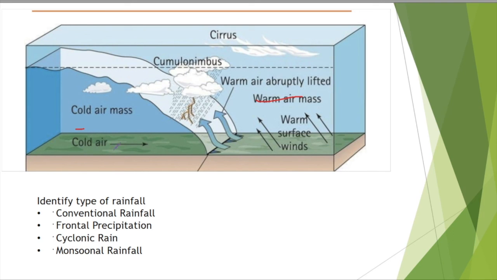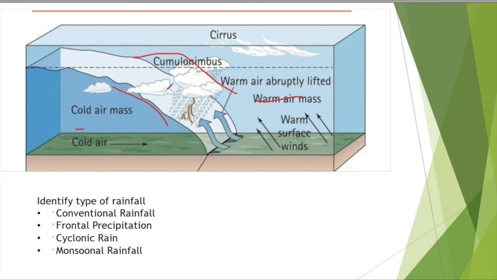So cold air mass is something which has a high density, right? Due to this high density, it moves downward. Okay, while the warm air has low density, so it rises up and forms a region where rainfall occurs. Now, why does rainfall occur? We know that when warm air moves over a cold surface, it condenses, it freezes, and forms a cloud.